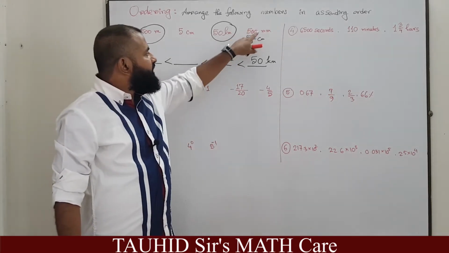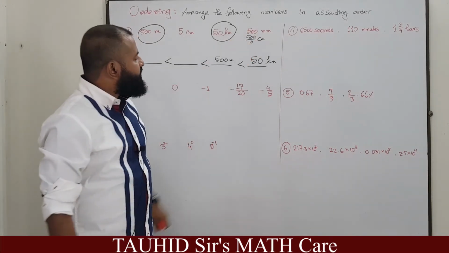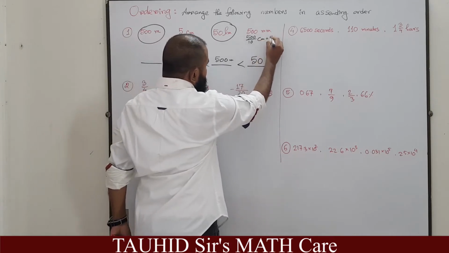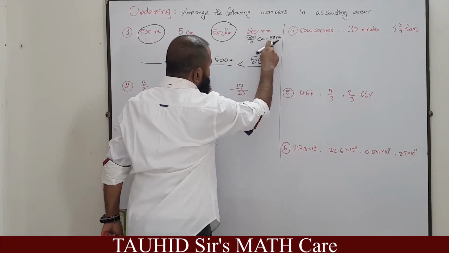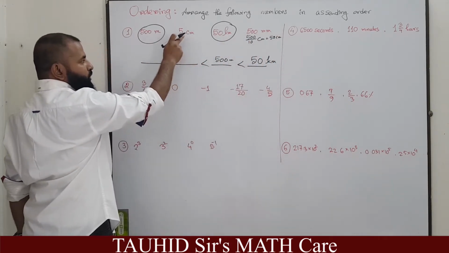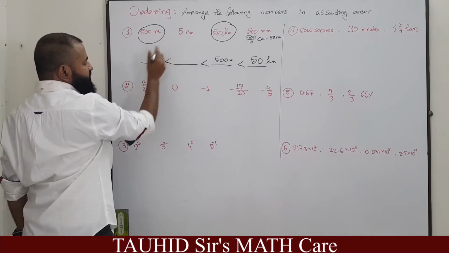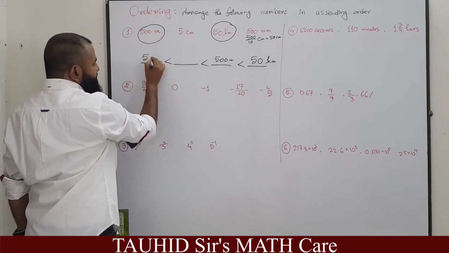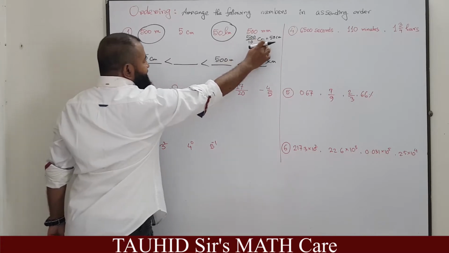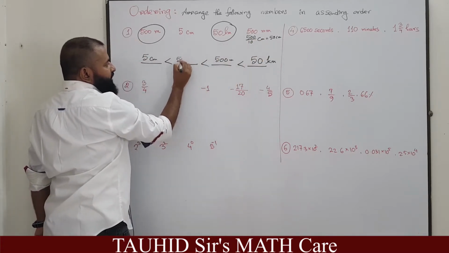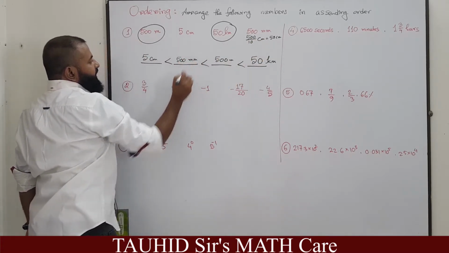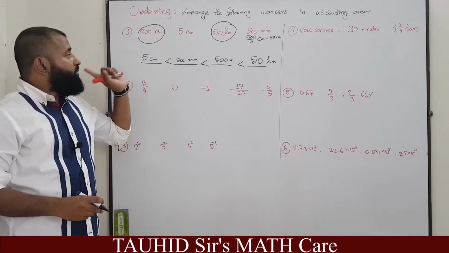So 500 millimeter means 500 by 10 centimeter, that means 50 centimeter. This is 50 centimeter, this is 5 centimeter. Which one is smaller? This one is smaller. So here we will place 5 centimeter and then 500 millimeter. This is the answer of question number 1.